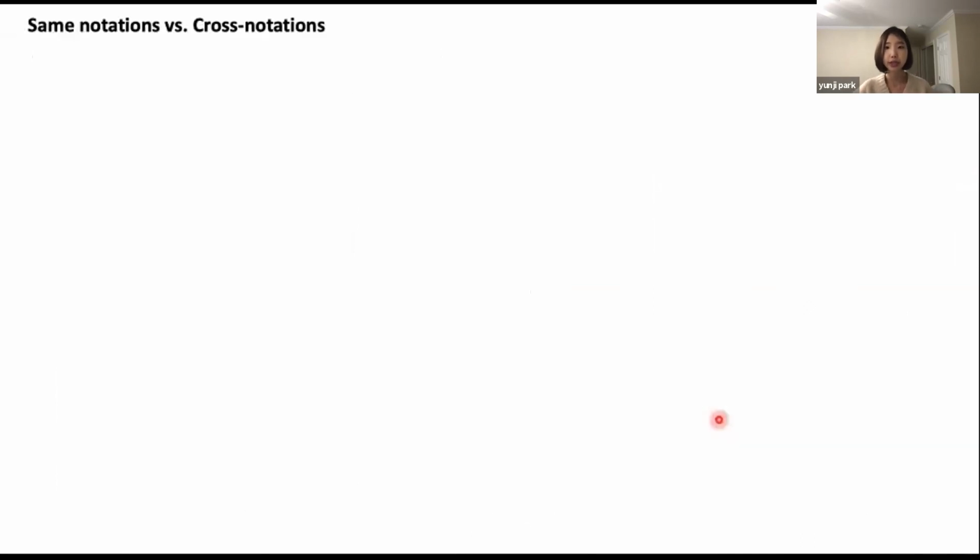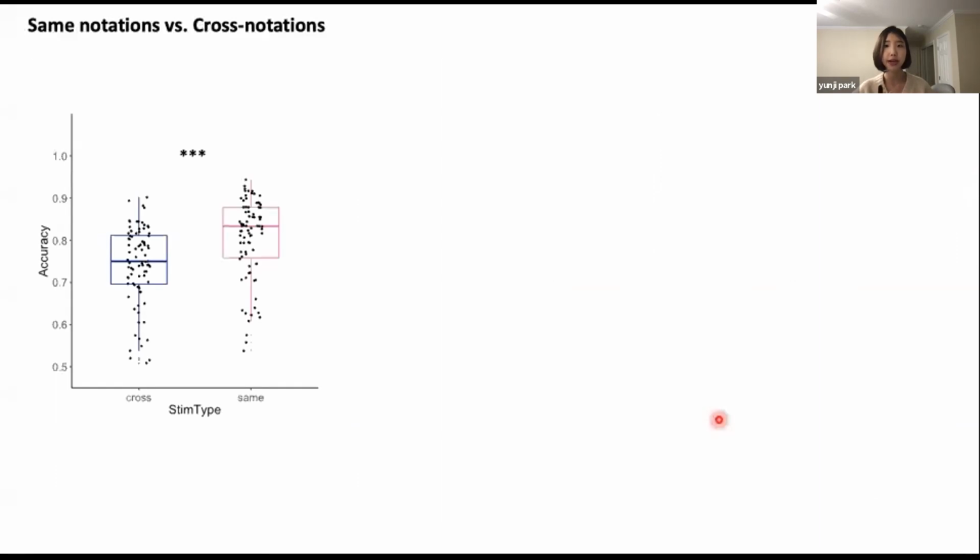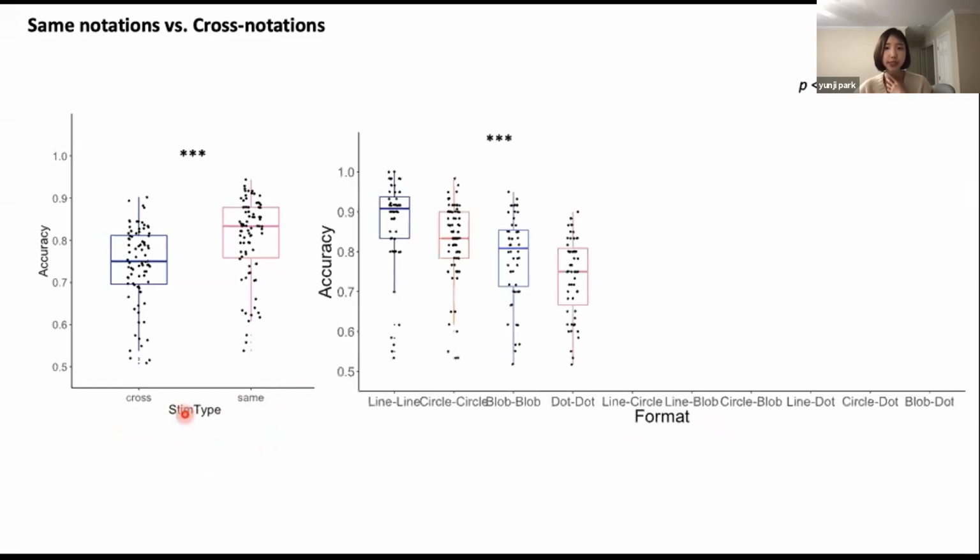If we now take a look at the results, you can see this graph, which shows accuracy on the y-axis depending on the type of format. As we would expect, participants showed better accuracy in the same-format comparison than cross-format comparisons. If we look at each format's performance in the same-format comparison, there was a clear format effect.